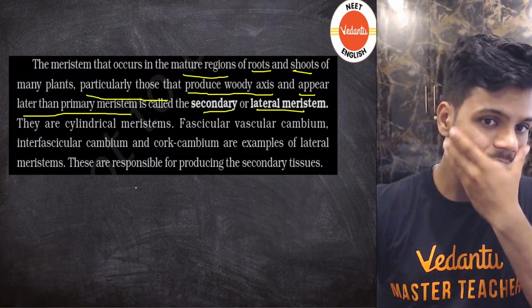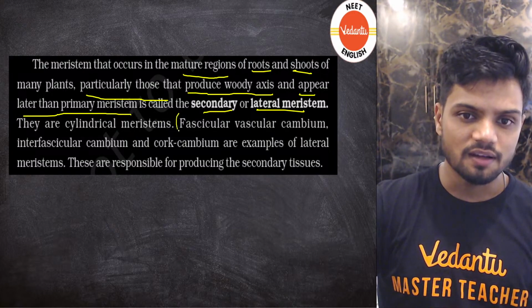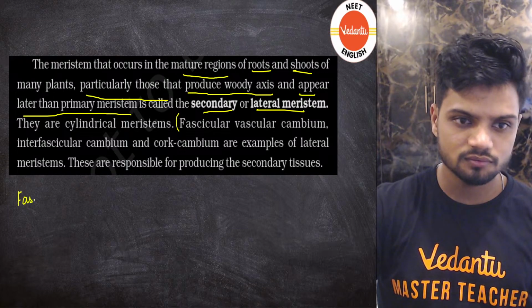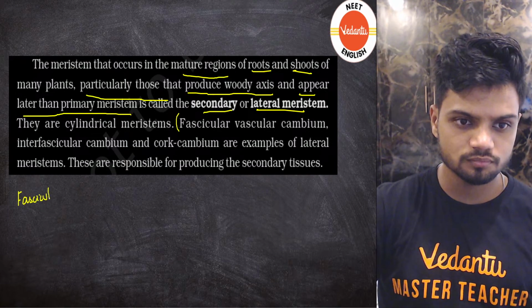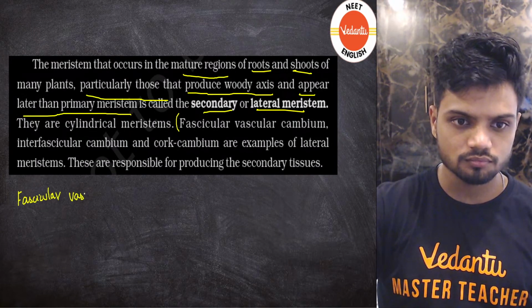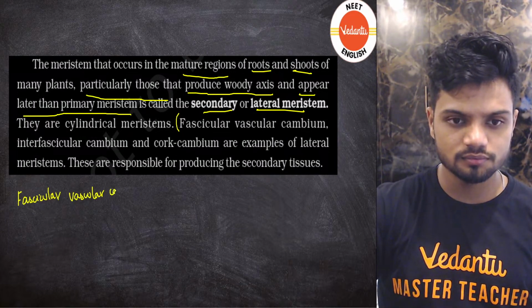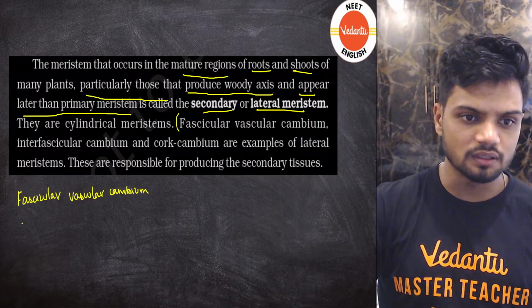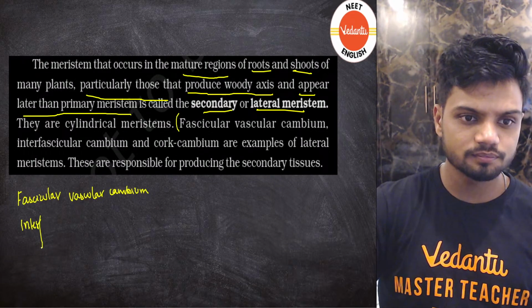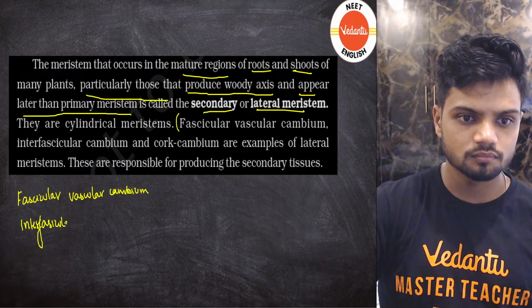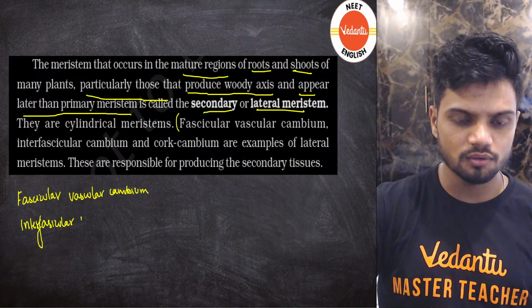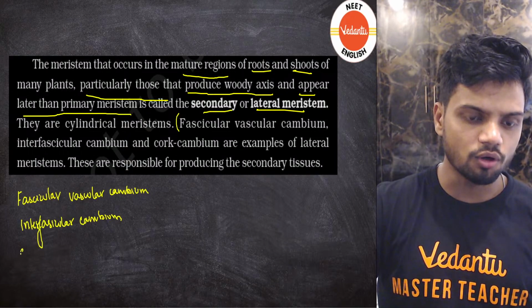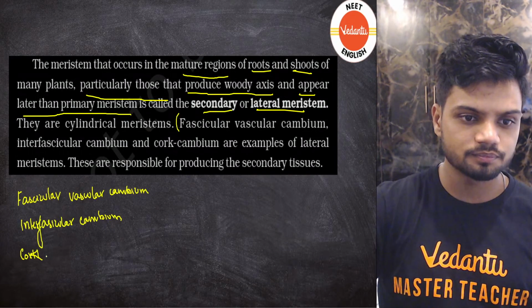We have something called fascicular vascular cambium. Then we also have the interfascicular cambium. Then we also have a cork cambium. Three different types of cambium.